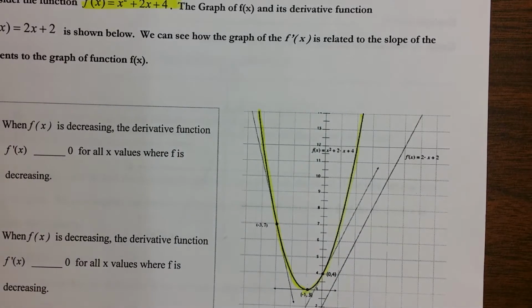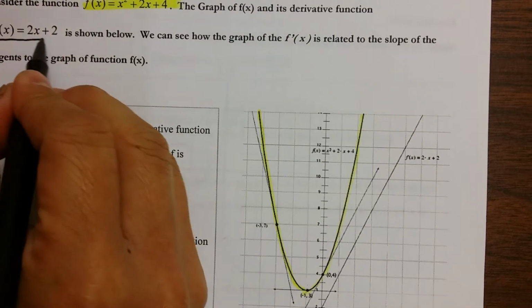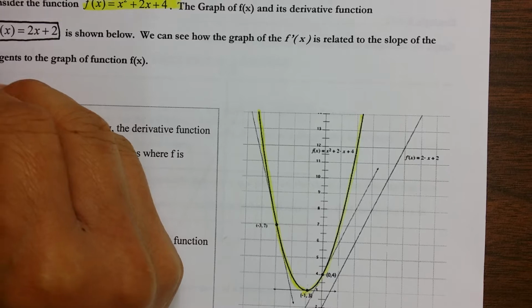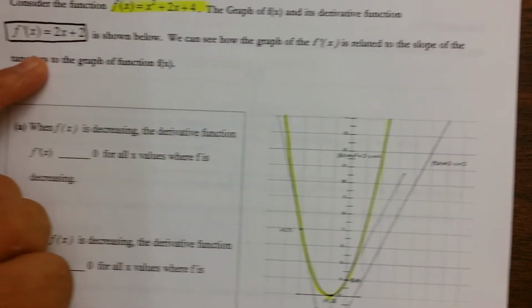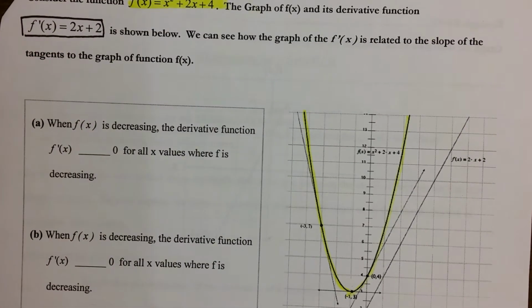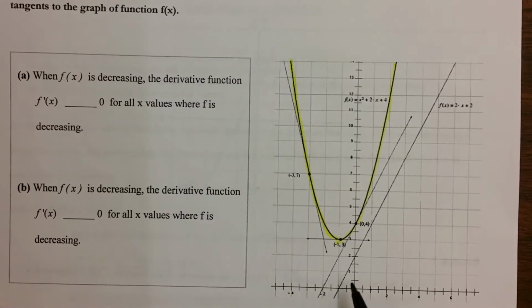And then here is the derivative function. So at any point I can figure out what the derivative is, what the slope of the tangent line is. For example, if you look carefully, this is the point -1.